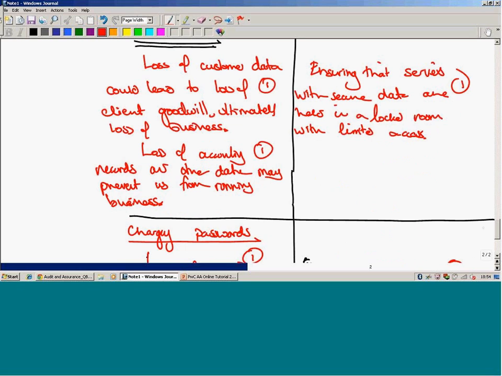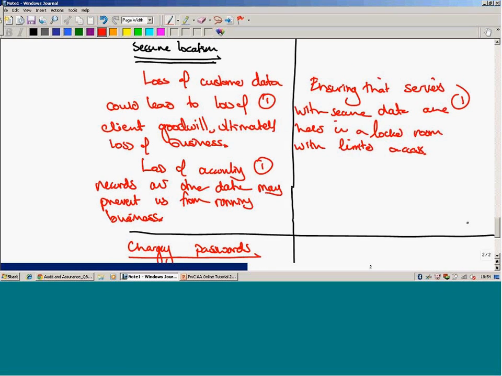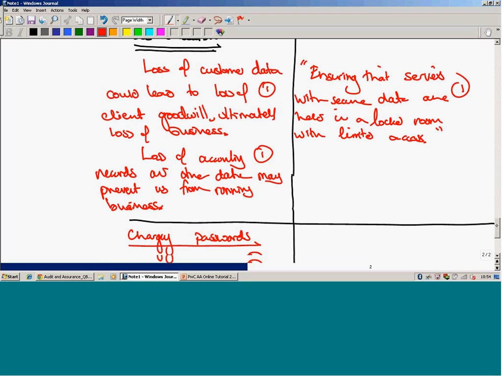So I've been very specific with these, things like ensuring that servers with secure data are held in a locked room with limited access. That's dead specific to exactly what they need to know. Don't go around the bush and explain things very slowly, or in loads and loads of words. Just get straight in there and explain exactly what the problem is.